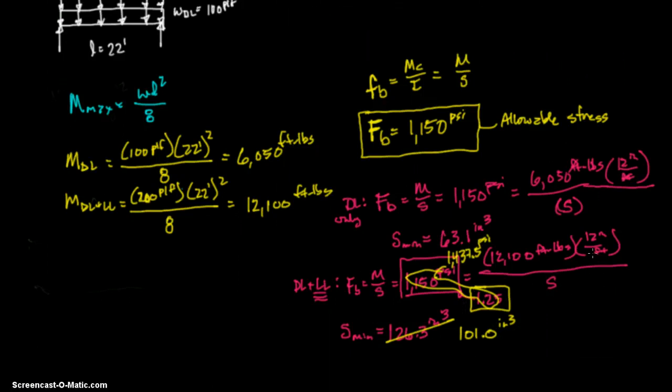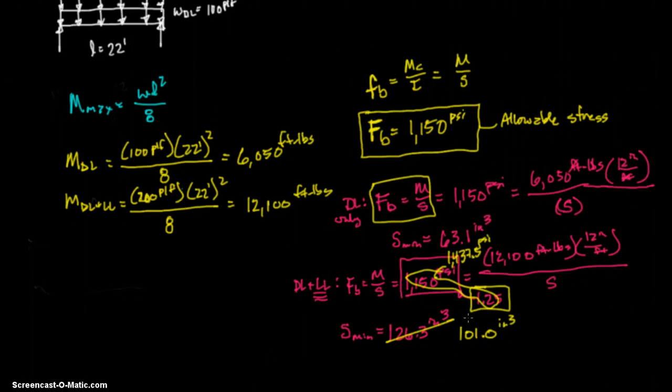They made an equation for S, which you could do. If I always remember one form of the equation, this, and then solve as I need algebraically. But you can do it however you wish. So anyways, we have 101.0 inches cubed, or we have 63.1.